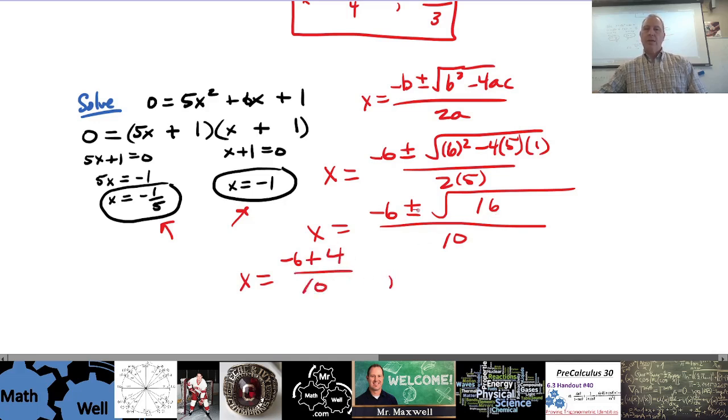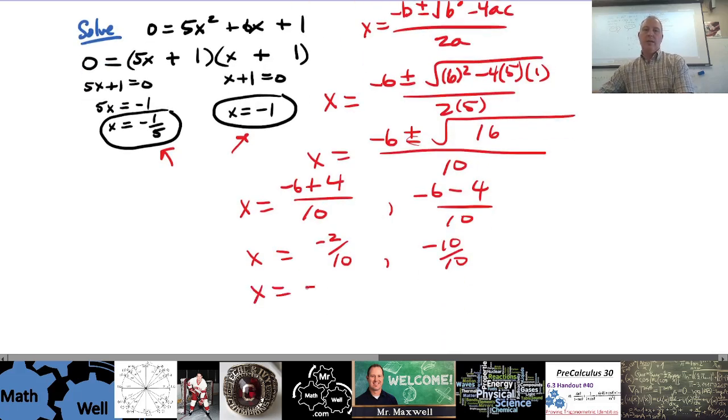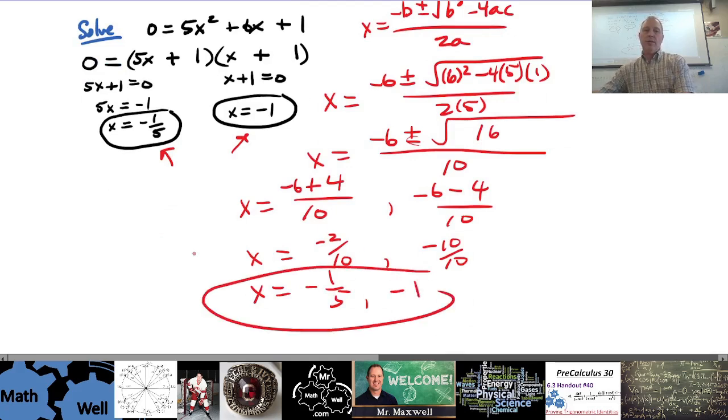And the other answer would be the minus part, so negative 6 minus 4 over 10. So that's going to be negative 6 plus 4 is negative 2 over 10. This one is negative 10 over 10. Or my answers would be x equals negative 1/5 and negative 1. Those answers look very much the same as these ones.